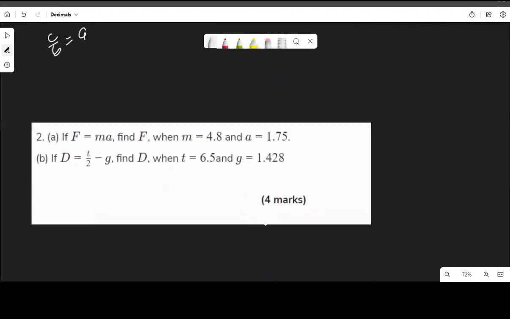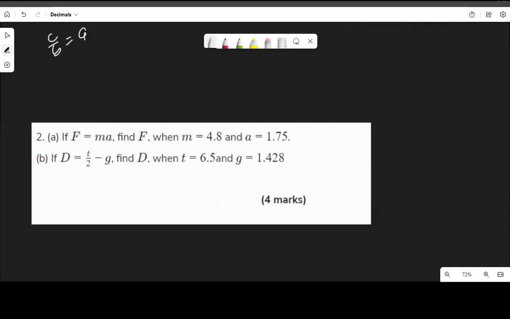Then question 2 says, if F is equal to ma, find F when m is equal to 4.8 and a equal to 1.75. And then the b part of that question says D equal to T over 2 minus G. Find D when T is equal to 6.5 and G equal to 1.428.